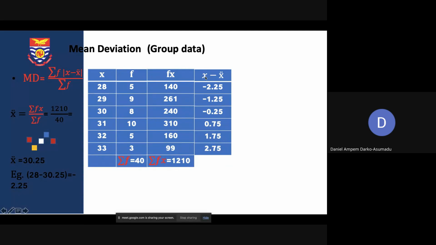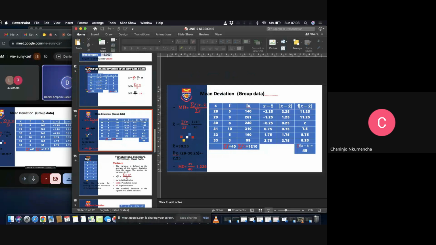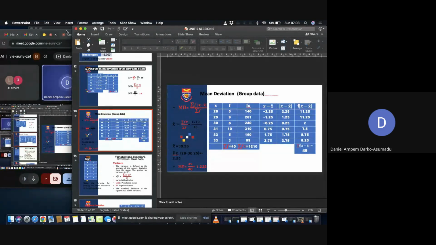After you have found the deviation, the next step is to introduce the bars in the formula. And I told you that once the bars are introduced, every negative becomes positive. That bar, we call it absolute value.